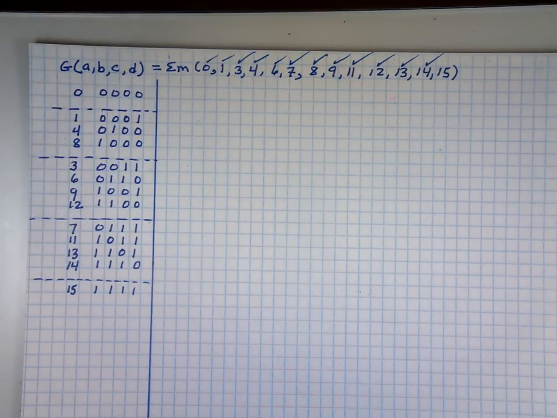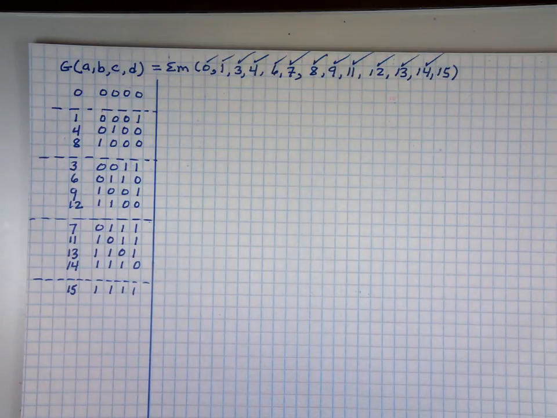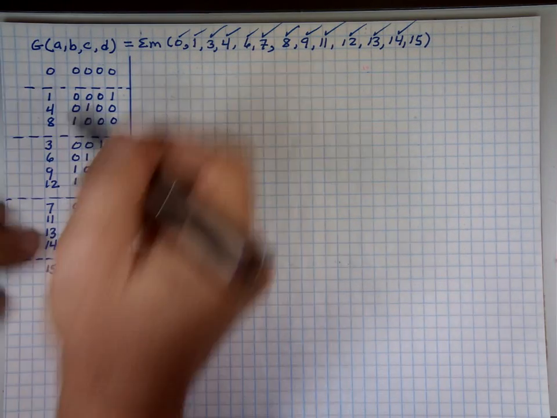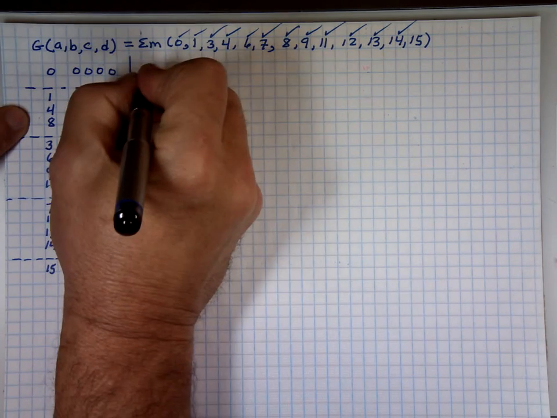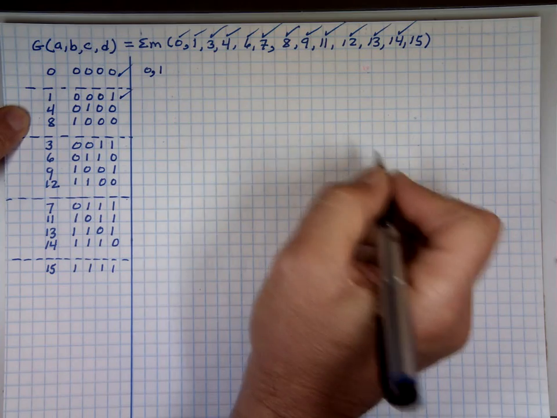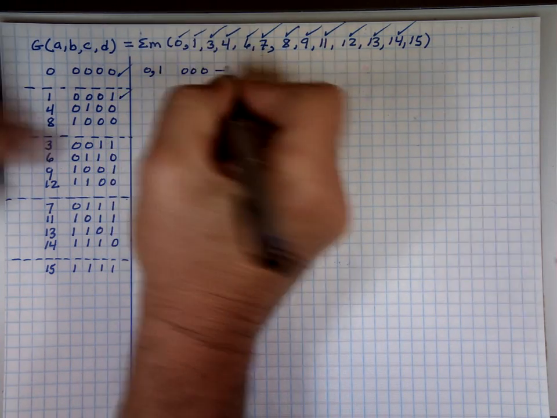Look away, take a break from it, drink your coffee, water. Now we're going to look at 0, 1. I can write that as what? 0, 0, 0, dash. Put a check mark next to 0, next to 1.